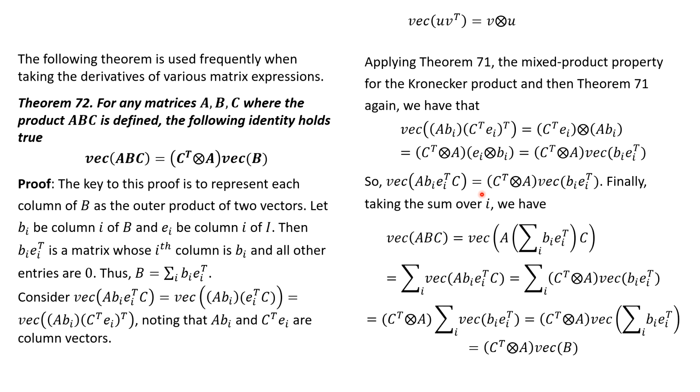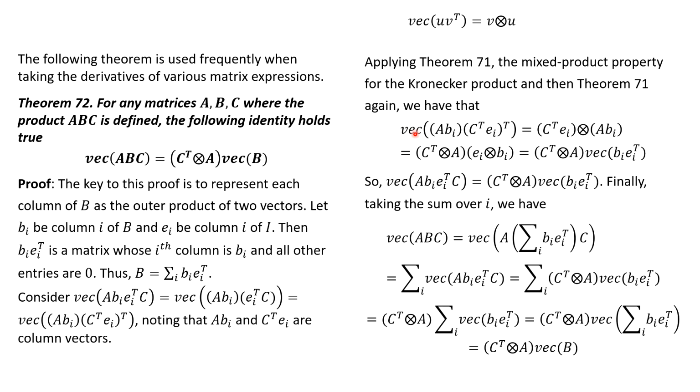That was our result that we proved up front. And then this doesn't involve any of the i in it, so we can pull that out. And then we just get this summation here. We can bring the summation into the vec. And then this is B. And so we get our result.